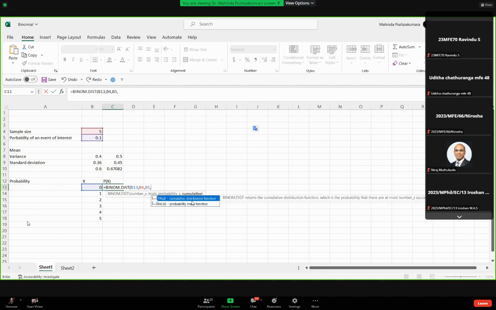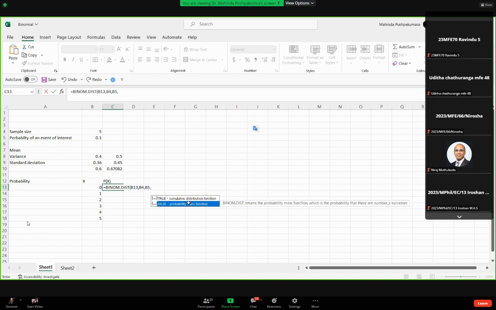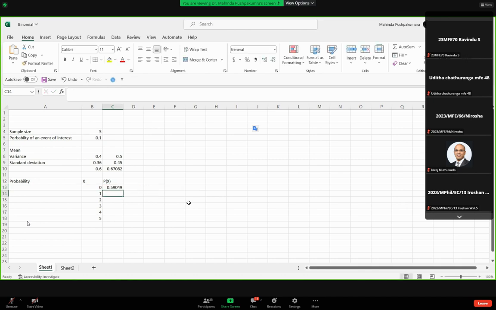Then we have two options, cumulative distribution and probability mass function. We select probability mass function. Then close the bracket. Then you can see the probability. Then you can click and drag to calculate probability related to other values.